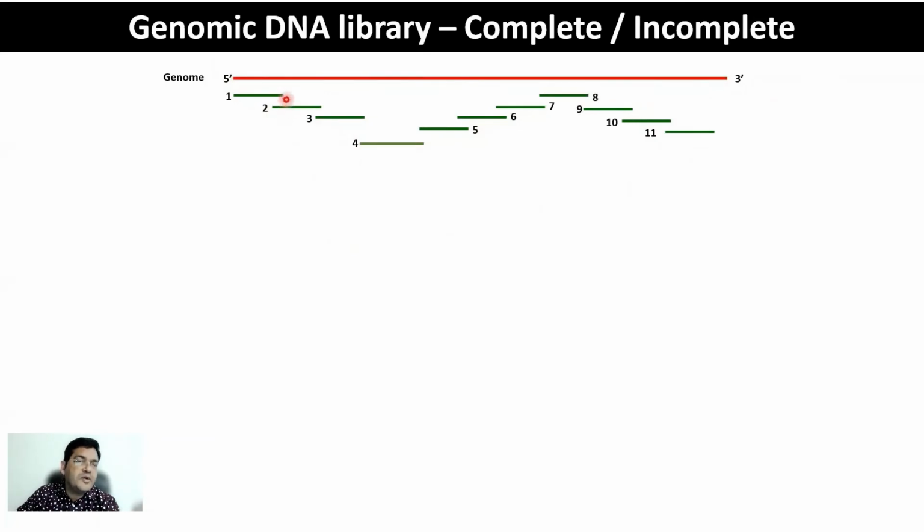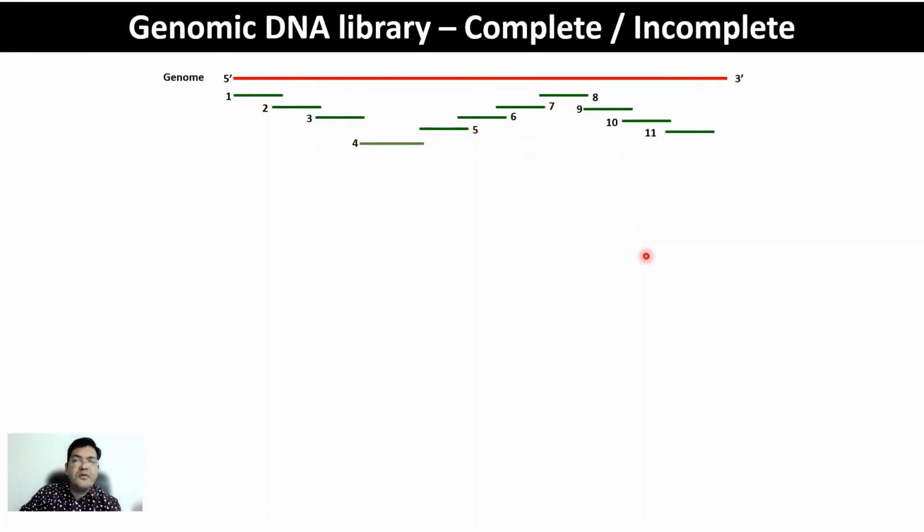So you know that 2 follows 1. Likewise, the 3' end of 2 uniquely overlaps with the 5' end of 3, which means 3 follows 2, and so on and so forth. So for the purpose of our convenience, we say that all of these pairs of fragments have unique overlaps with each other, and therefore, once you have the sequence of these fragments, you will be able to assemble them very easily, right?